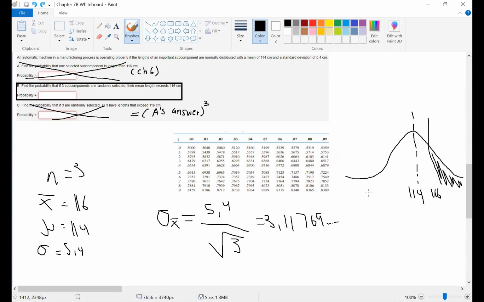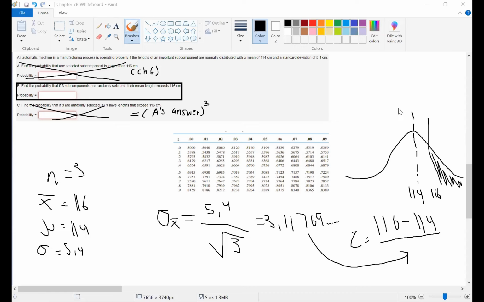Now we can use what we have from chapter 6 to solve this. So we need to get the z-score associated with 116. So our z-score is going to equal 116 minus 114 divided by this.